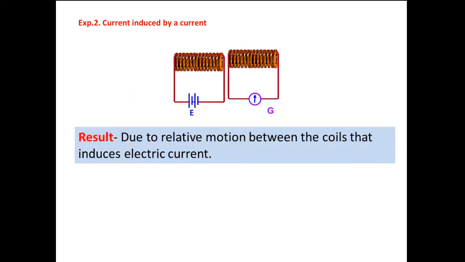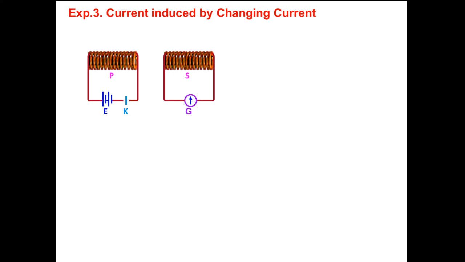So we can see due to relative motion between the coils that induces electric current. Now third is current induced by changing current. Here let us see.